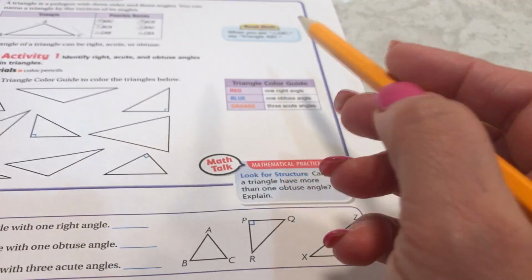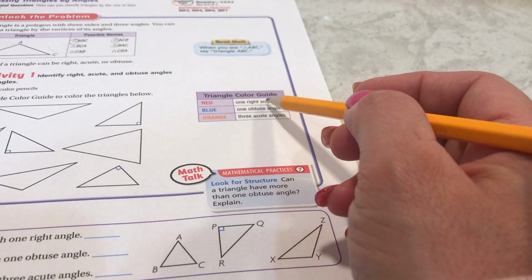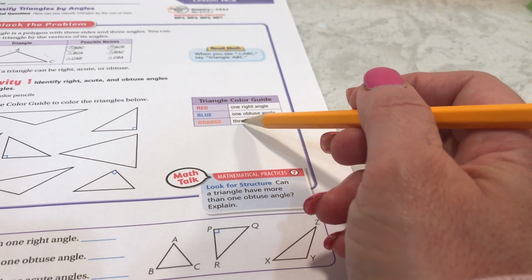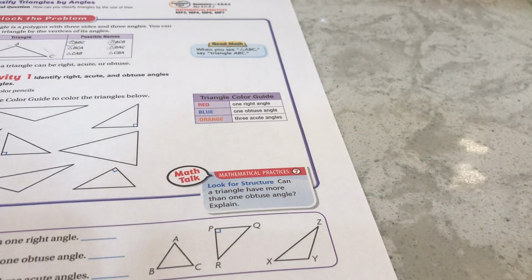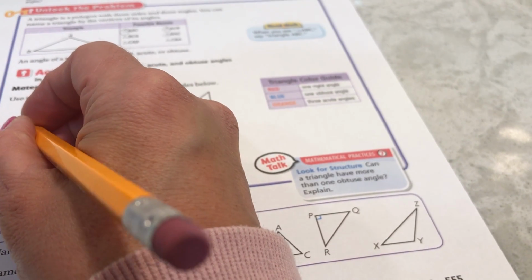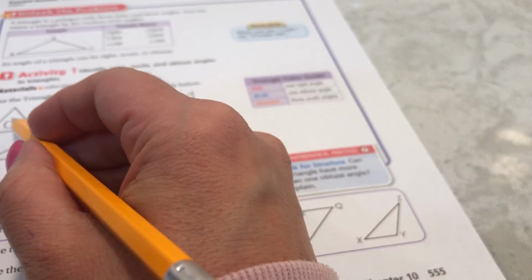And then this one here, they wanted you to color code the right angle red, an obtuse angle blue, and the acute angles orange. So I'm just going to give you the answers here. So this is an O. Those are acute angles, so that should be orange.